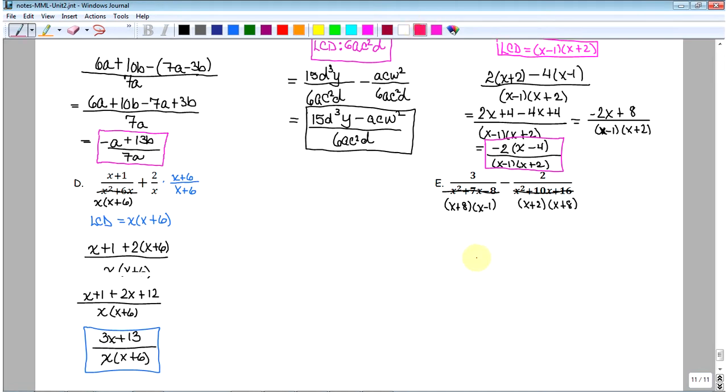So this means that our least common denominator is going to have each of these factors in it. So it will be x plus 8 times x minus 1 times x plus 2.